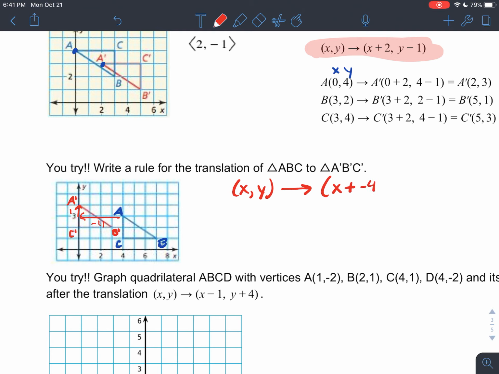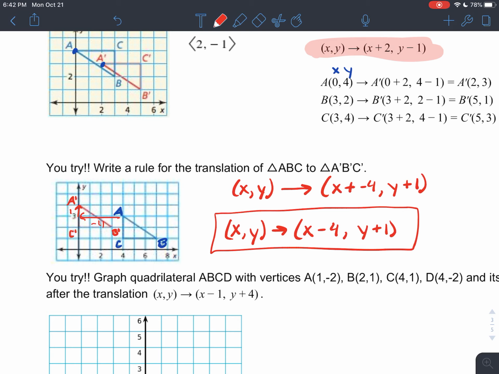Oops, don't write that. y plus b, where b is our vertical. But right here, we have this plus minus, and we don't like plus minus. That's not really a thing that we do. So (x, y) maps to x minus 4 because you went left, y plus 1 because you went up.